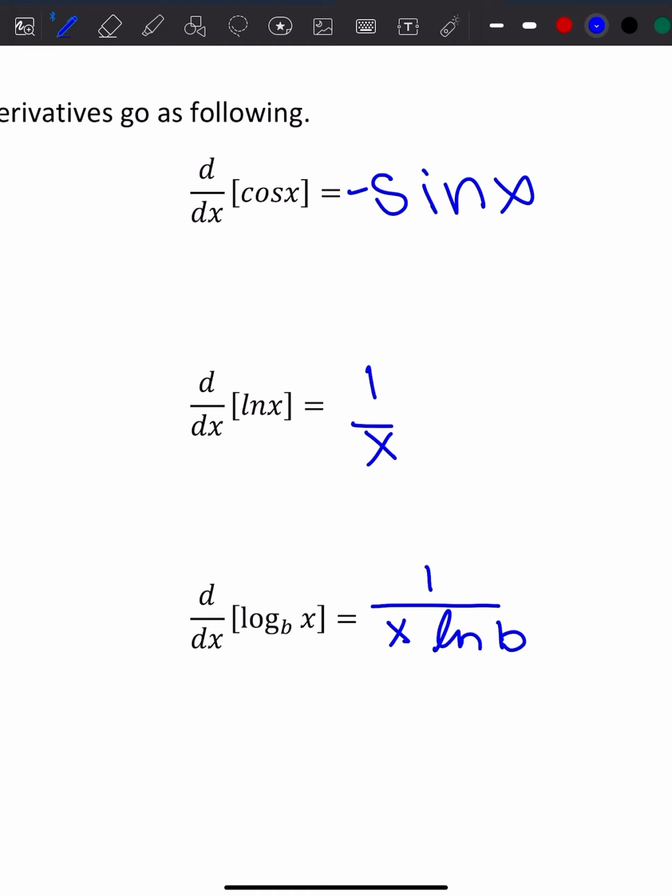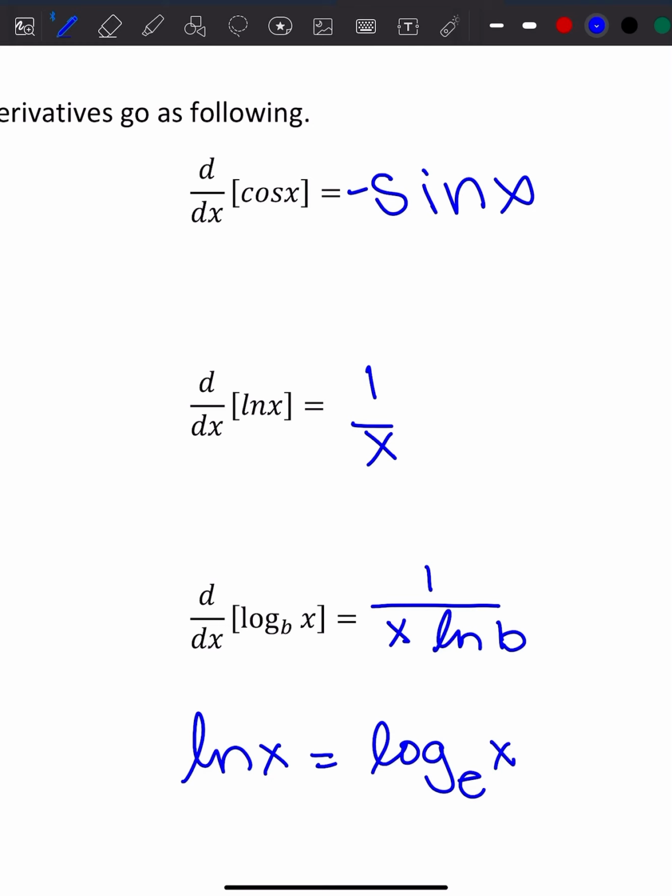When we do our natural log, this ends up going away because natural log is the same thing as saying log base e of x.